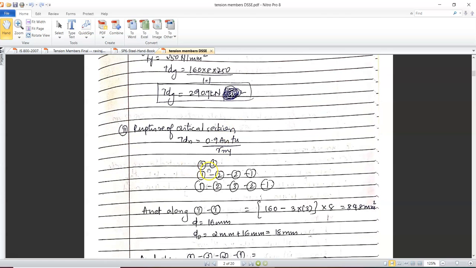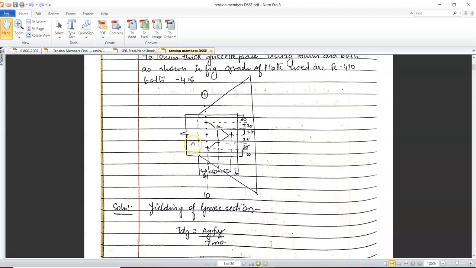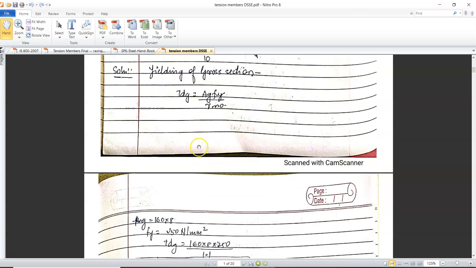Now to calculate cross-sectional area along section 1-1, you can observe that 3 bolts are there. So the total width of the plate minus 3 bolt holes, into thickness.